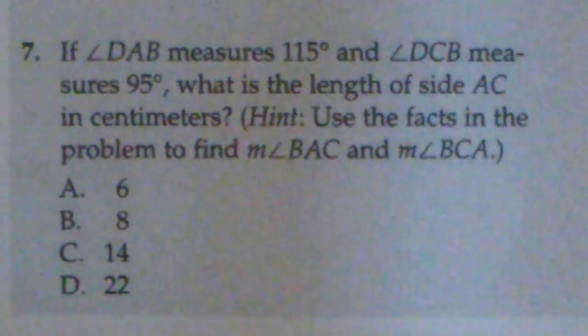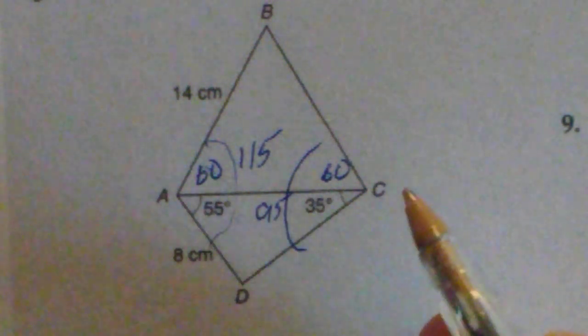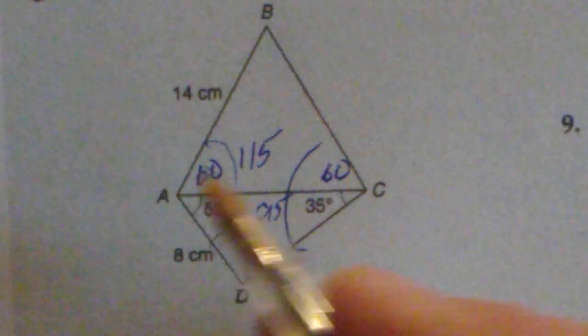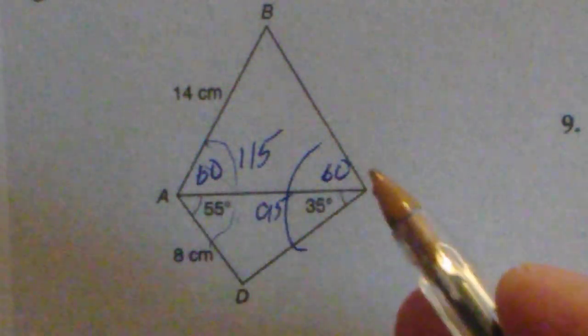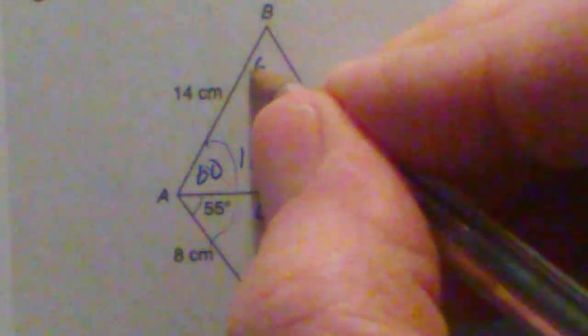Well, we want to figure out AC. AC is that line there. And I'm wondering, how can we figure that out? Maybe they told us the angles so we can figure out the angles. If this is 60 and that's 60, what's the other one? You could add them and subtract from 180, but it's 60, 60, 60. It's a familiar one.